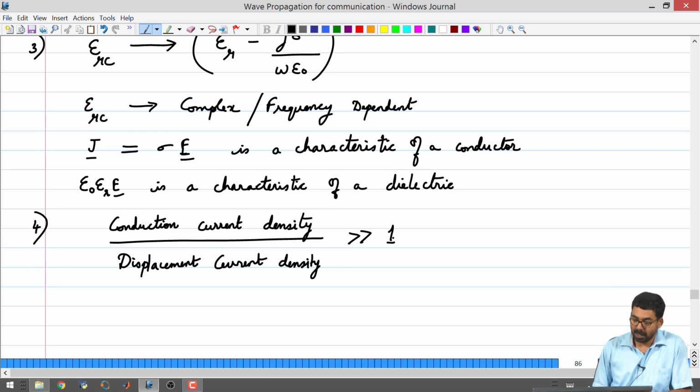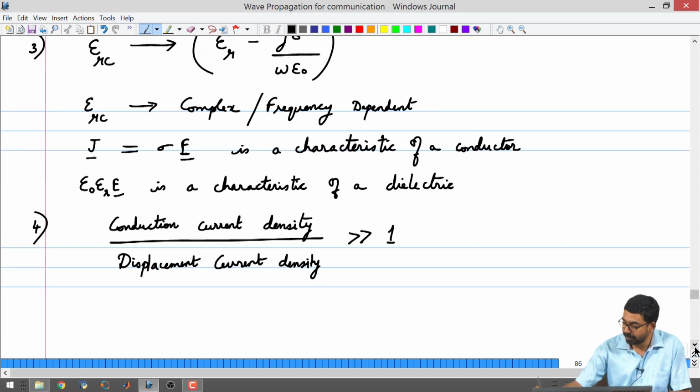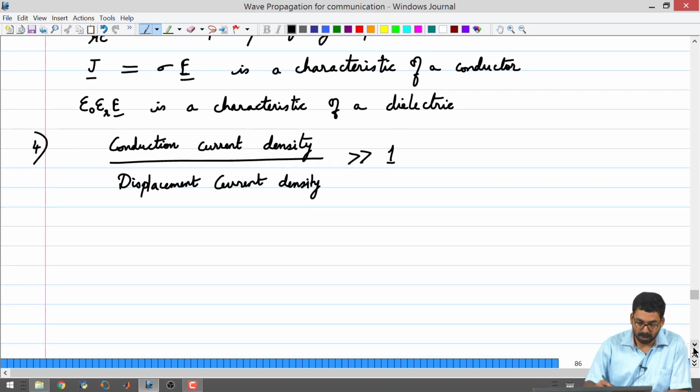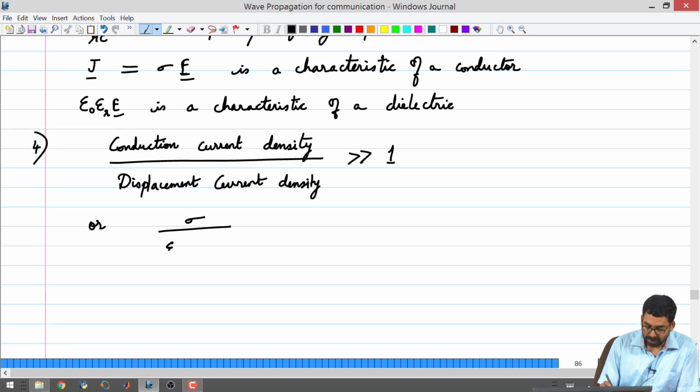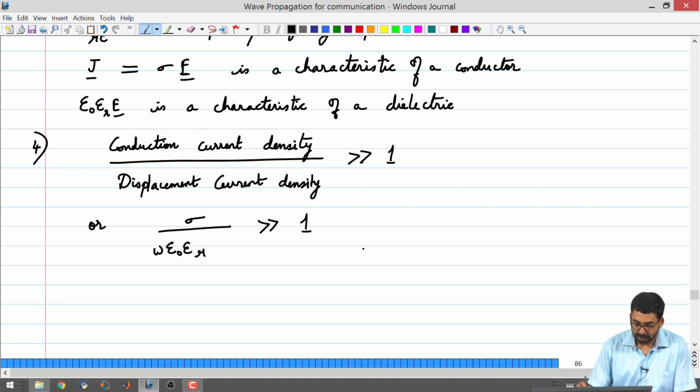Okay. Suppose the conduction current density divided by the displacement current density is much greater than 1, or equivalently sigma divided by omega epsilon naught epsilon r is much greater than 1, we call such materials as good conductors.